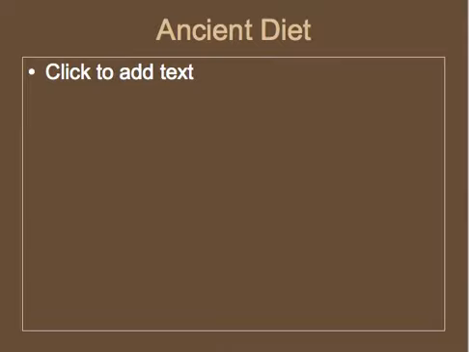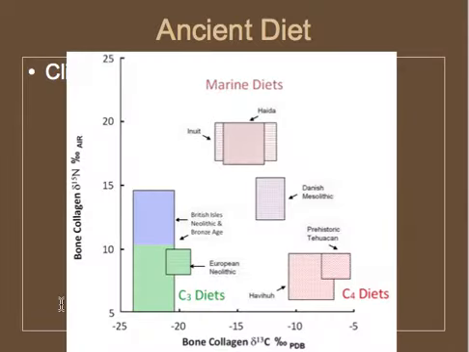So, for example, if your bones, after you die, were found by an archaeologist, and the nitrogen isotopes and the carbon isotopes were analyzed, archaeologists can figure out what your diet was like over your lifetime, and where it fit in this spectrum. So, for example, C4 are plants like corn. C3 are plants like wheat and barley. But you could also see the nitrogen helps you determine if you had a marine diet or a more terrestrial diet.